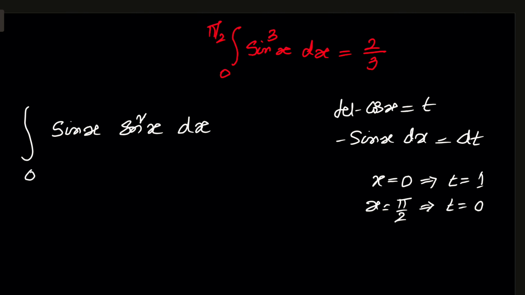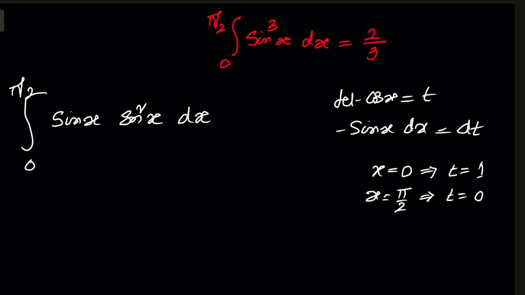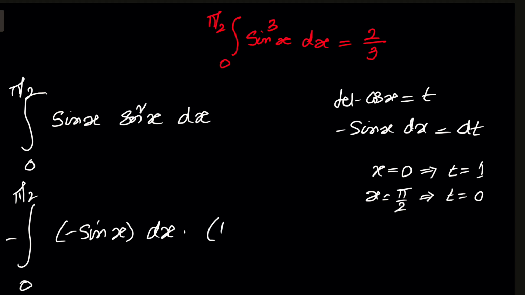We'll take it as 0 to pi by 2. Now next, minus of minus sin x dx, that will take care of dt, into sine square x. We'll write it as 1 minus cos square x.